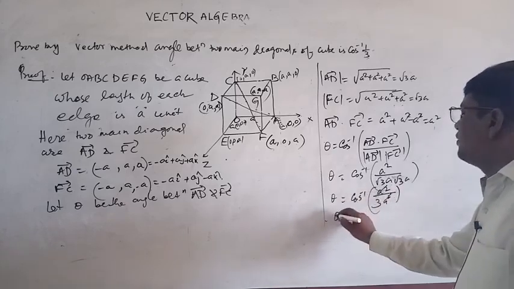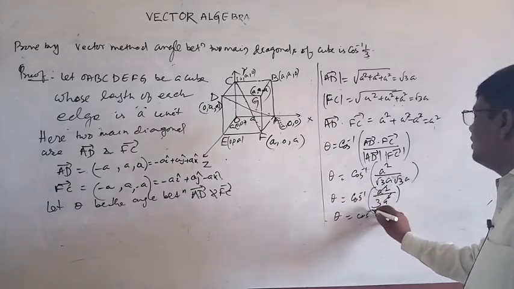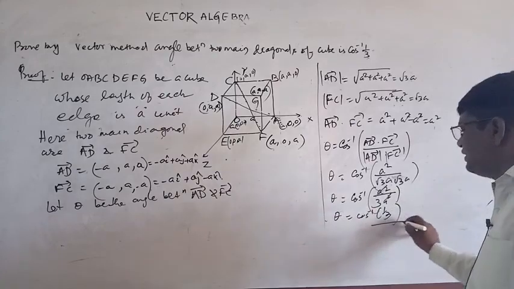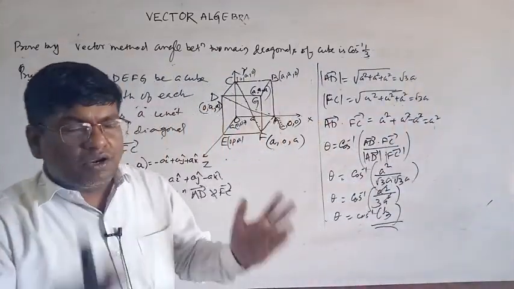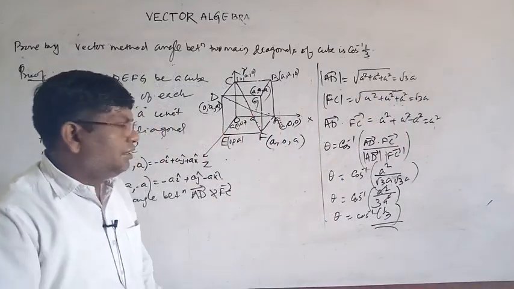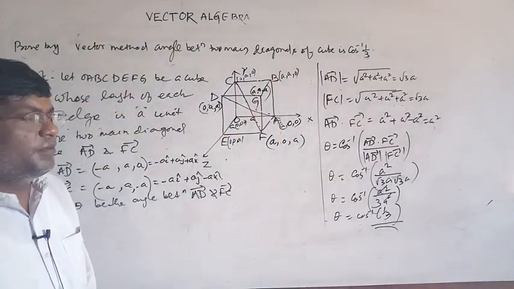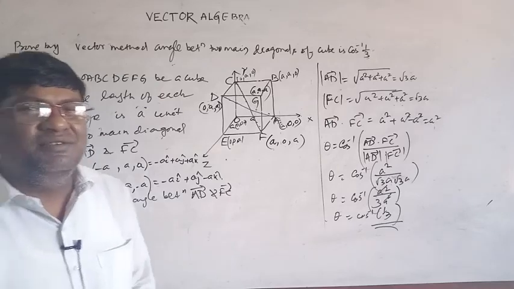The a square cancels. Therefore theta is equal to cos inverse 1 by 3. This is the proof. These are some problems related to dot product. Now in the next class we will do some extra problems. Thank you. Have a nice day.